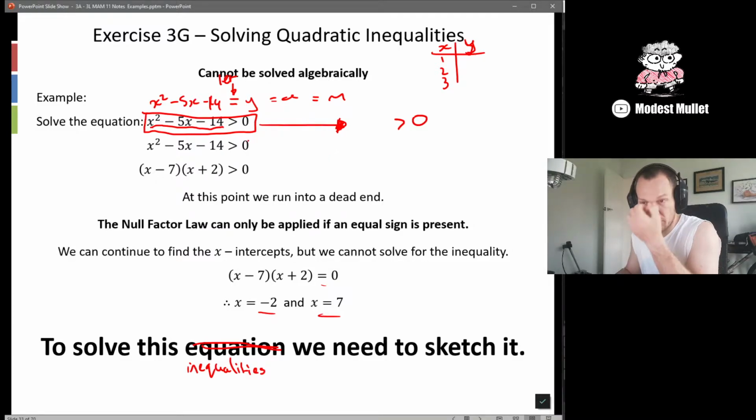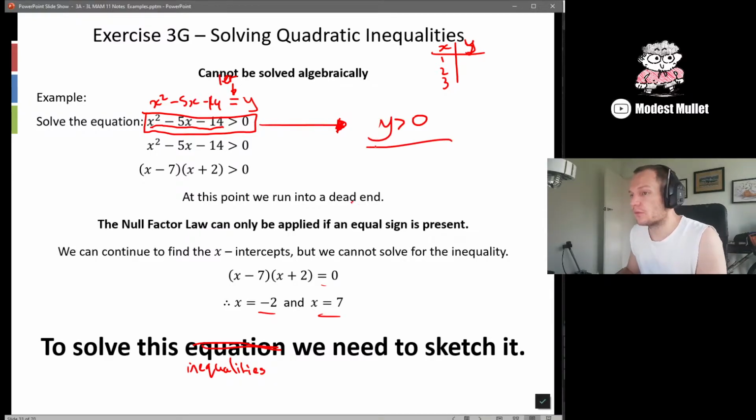So whenever you see an inequality like this, think of it as: I've got my original input x, I do something to it, I get an output, and I can call that output whatever I want. I suggest, of course, y. Then you can think of it much more simply: I want to know whenever y is greater than 0.